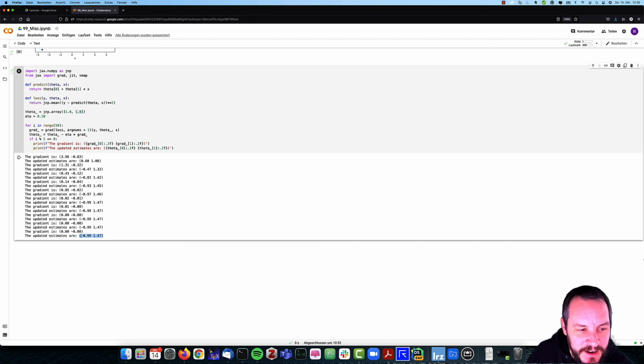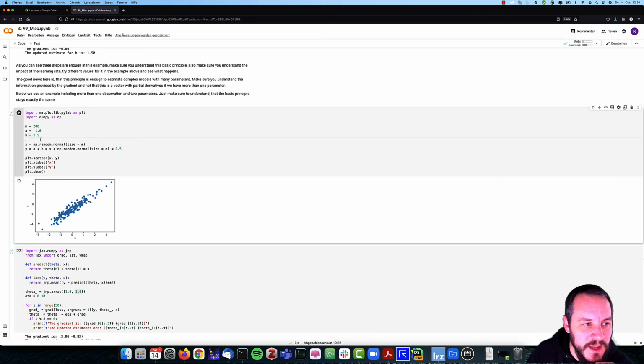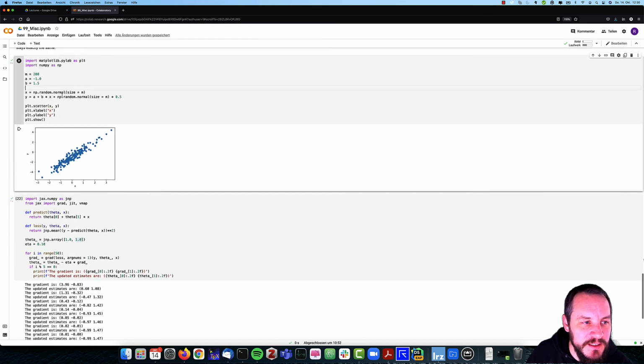The fact that they are still deviating from the true ones is not because the procedure is not able to detect the true parameters. This is just because we randomly sampled data here. And with random samples, you will never get the exact same values. You will get small deviations because of the randomness in the data that is brought into the model.